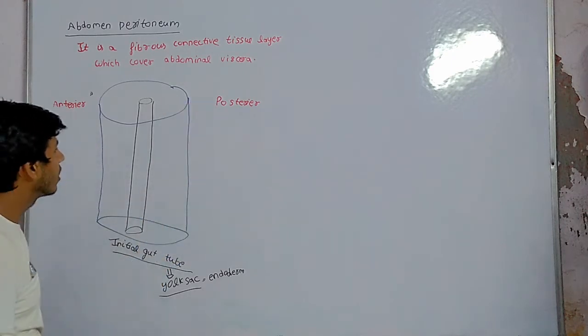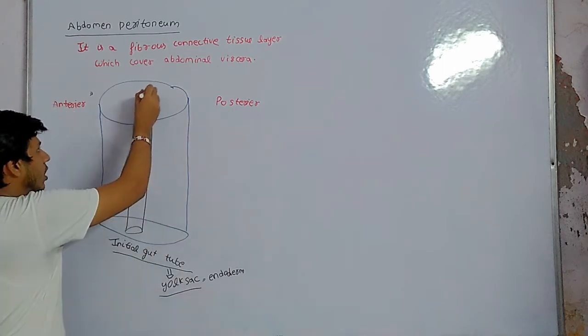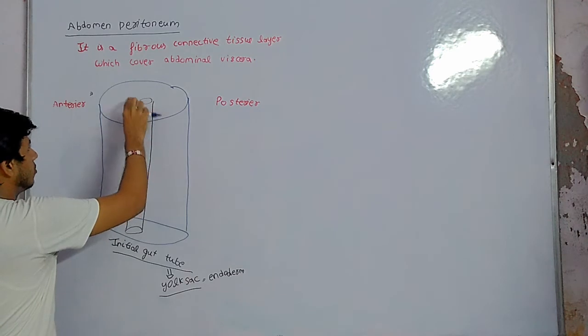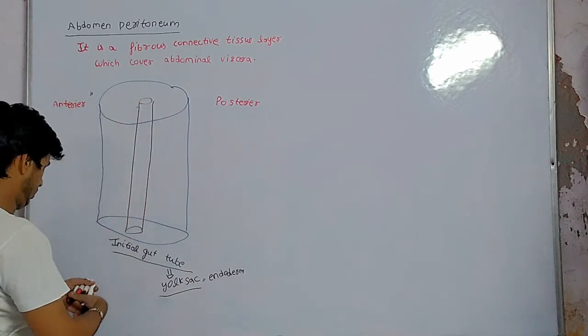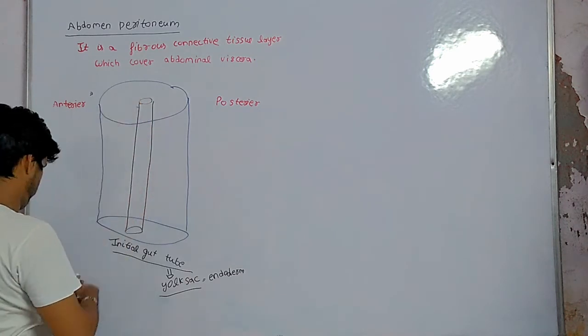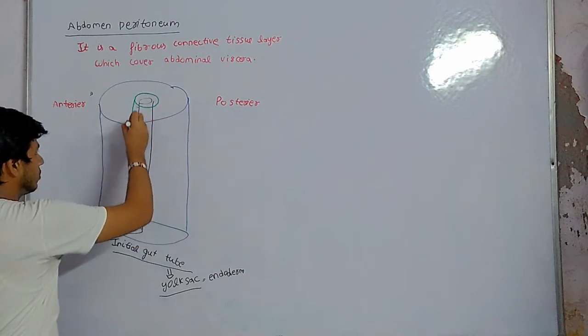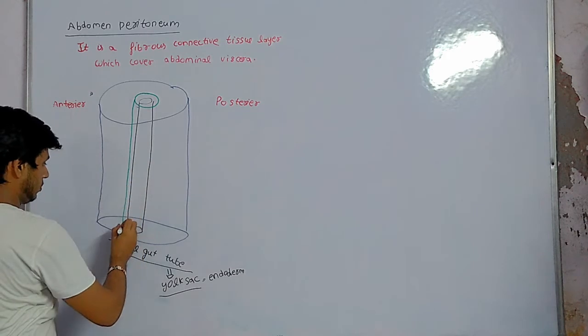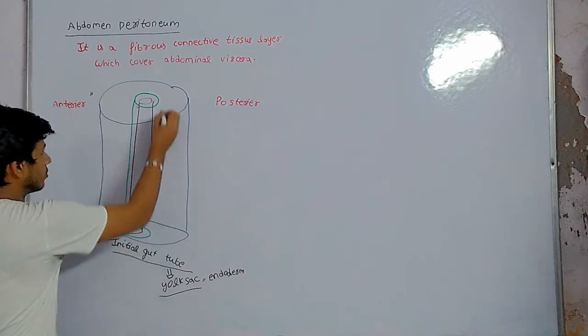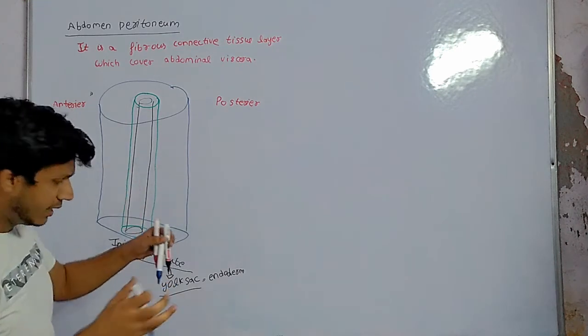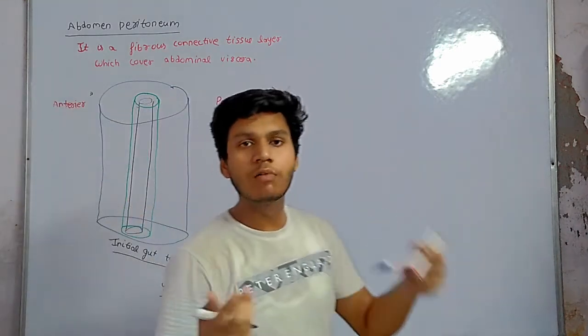But it has two layers, so the internal layer is also present. So basically it is a two-layer structure which covers the organ.